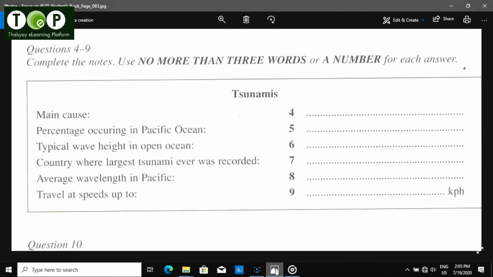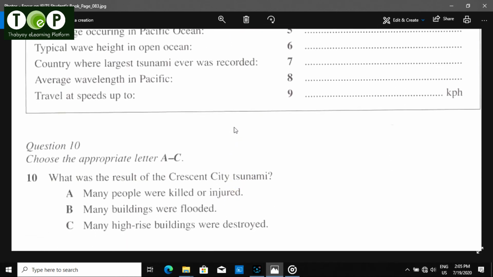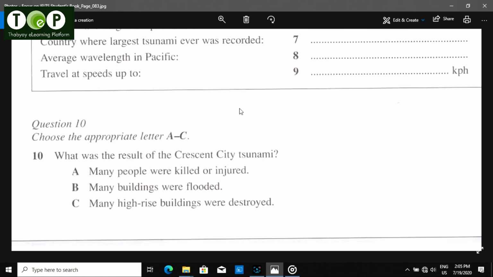The deeper the water, the faster the tsunami travels. And in the Pacific, they can reach speeds of up to 700 kilometers an hour. In 1960, a tsunami generated by an earthquake in Chile reached Japan in only 22 hours. Let's look at another example now.